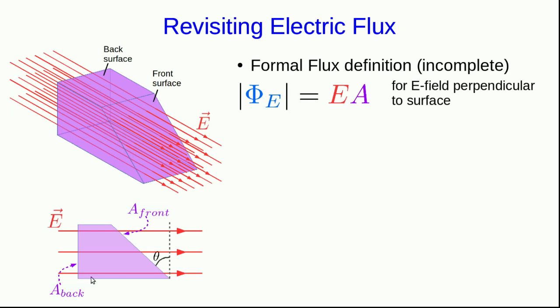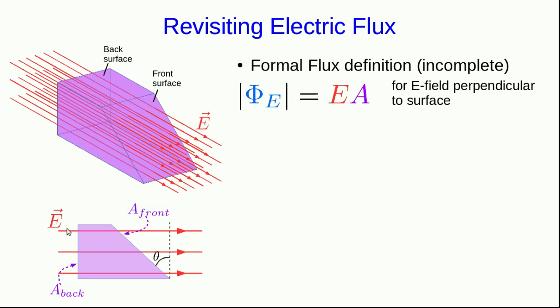It is simply the electric field times the area, except that since the electric field is entering, it has to be negative. So the flux through this back surface has to be just the negative of the electric field strength times the area of the back surface, since that surface is perpendicular to the field.